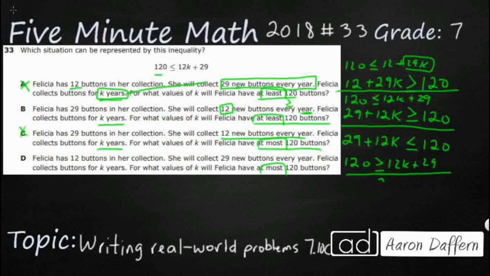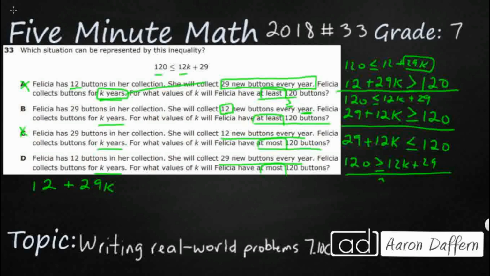Let's check D. And I'll write that underneath the problem. Felicia has 12 buttons in her collection. She would collect 29 new buttons every year. Yeah, that's not going to work because we've got 29 new buttons every year for k years. Now we've got the k years next to the 29, and it needs to be next to the 12. For what values will k have at most?